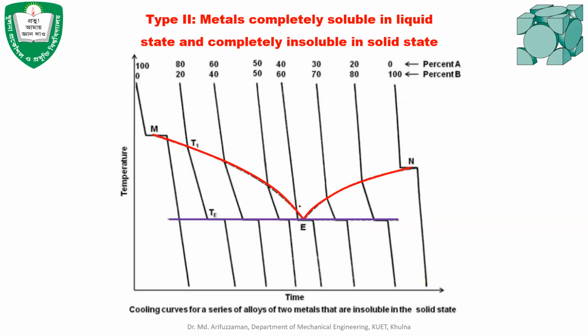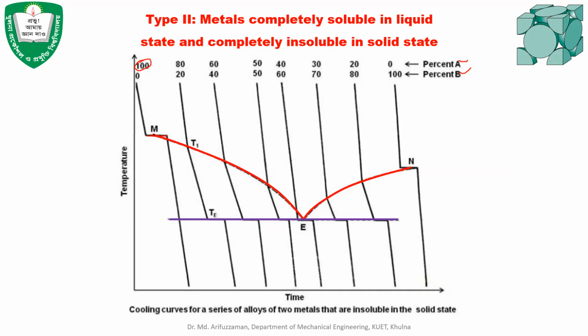So this is the construction procedure for the type 2 diagram, that means metals completely soluble in the liquid state and completely insoluble in the solid state. If we consider 100% A, there are two elements, element A and element B. For 100% A, the freezing point temperature will be constant because it is a pure metal.